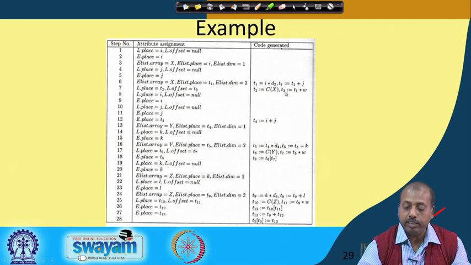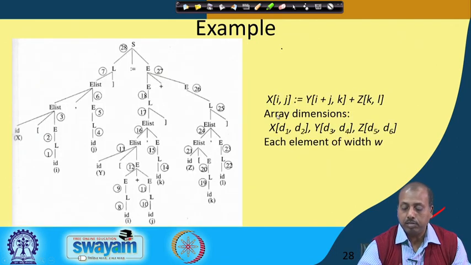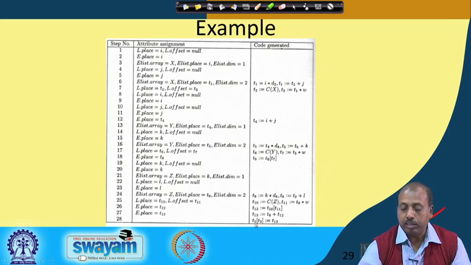T2 contains the constant part of the array reference, and T3 contains the offset part. And at the end you will notice that I am doing T2 T3 assigned as T13. So, T2 T3 is Xij ultimately. Okay.